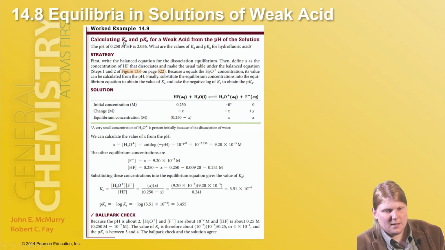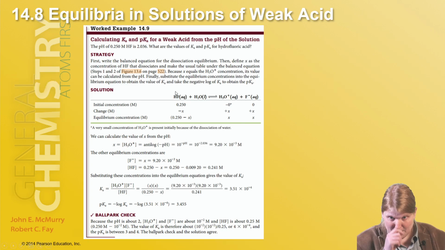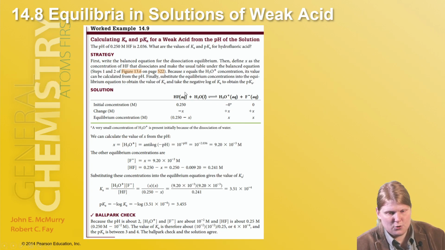So they want me to calculate the Ka and pKa of this weak acid from the pH of the solution. So they give me the pH, and they want me to calculate these values. So we'll set up an ICE chart like we did back in the previous chapters. So the initial concentration will be the concentration that they gave me, okay? And we'll assume that when we first added it, there was no H3O plus.